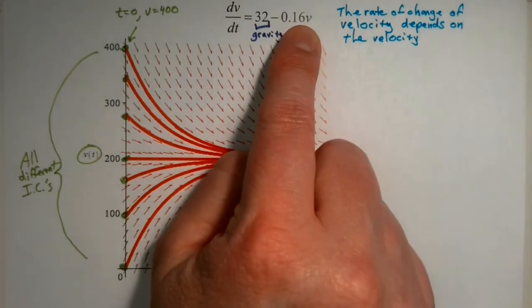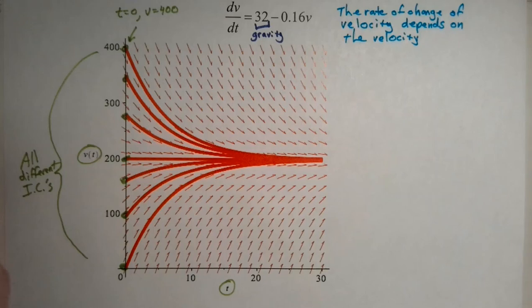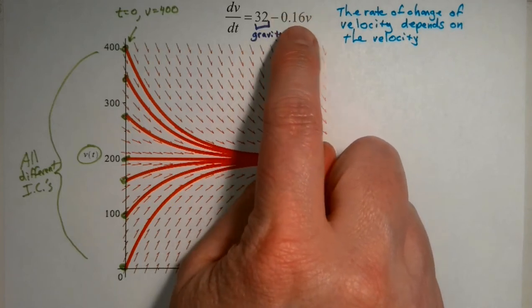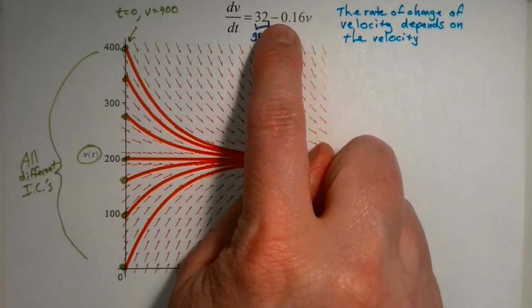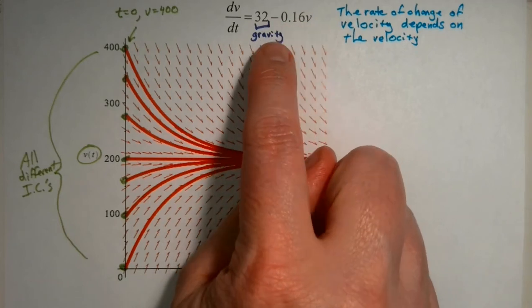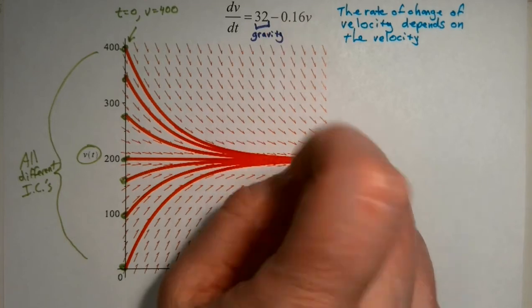So it's going to speed up your baseball in the downward direction. But wait, there's another term. This term right here is something different. This term right here is saying as the velocity gets bigger and bigger and bigger, this term's going to get larger and larger, negative. And at a certain point, this term will be so big, it'll overwhelm gravity. It'll be even bigger than the contribution due to gravity.